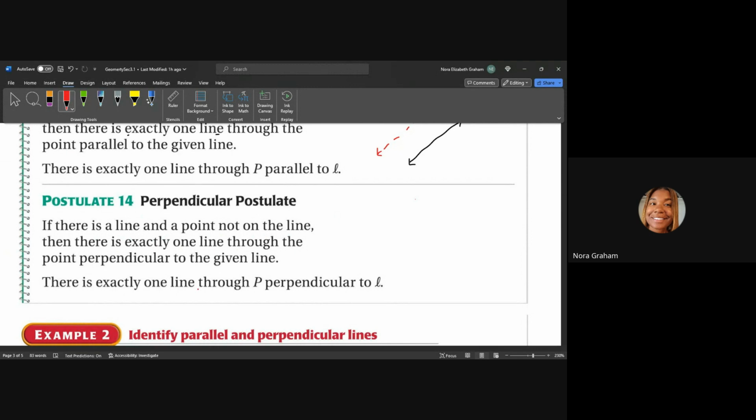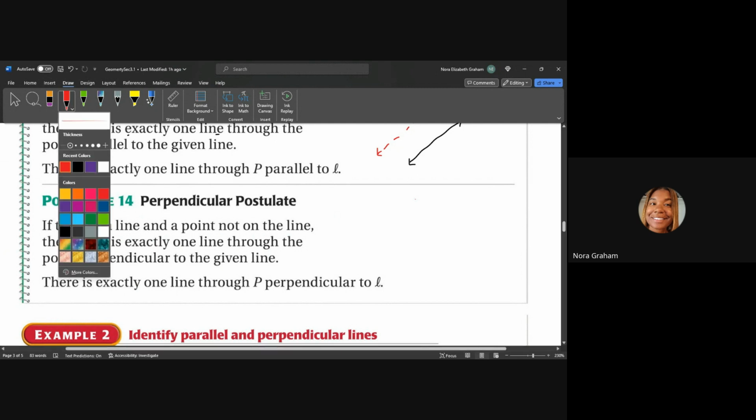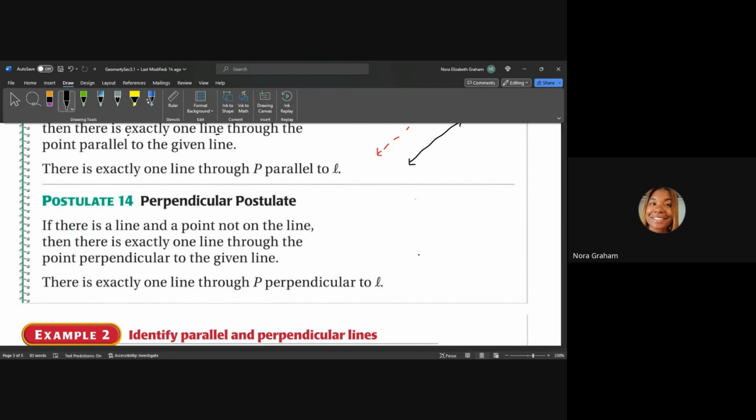There's exactly one line through P perpendicular to L. Again, what they're trying to say here is if I have a point P that is not on my line L, so let's draw this point P. It's not on my line L. Then I can draw exactly one line through my point P that will be perpendicular to my line L.